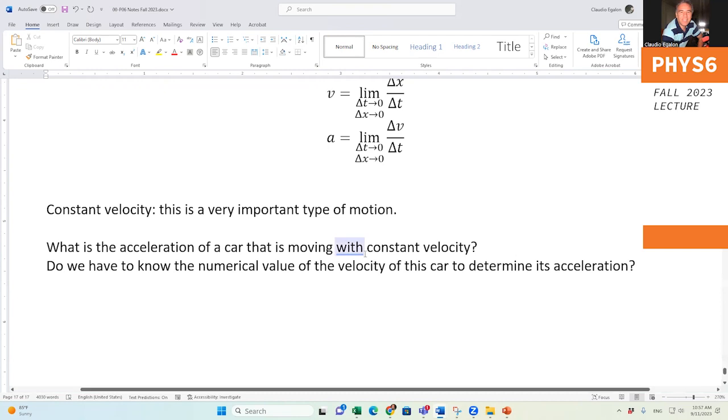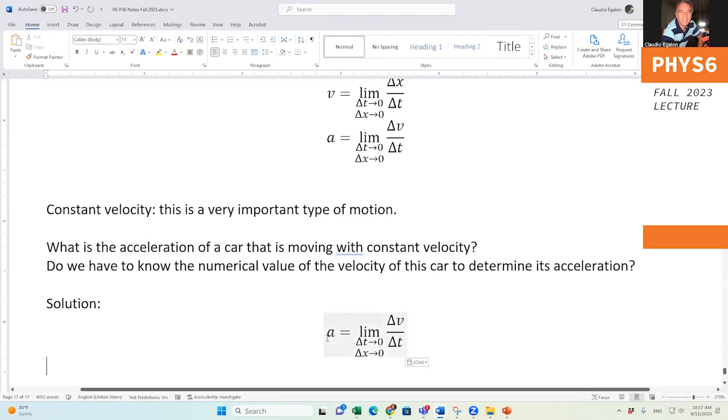Okay. Solution. 3 more minutes to go before we take a break. What's the acceleration of a car that's moving with constant velocity? 10:57. Okay, the answer for the second question is no, you do not have to know the numerical value of this velocity to find the acceleration.